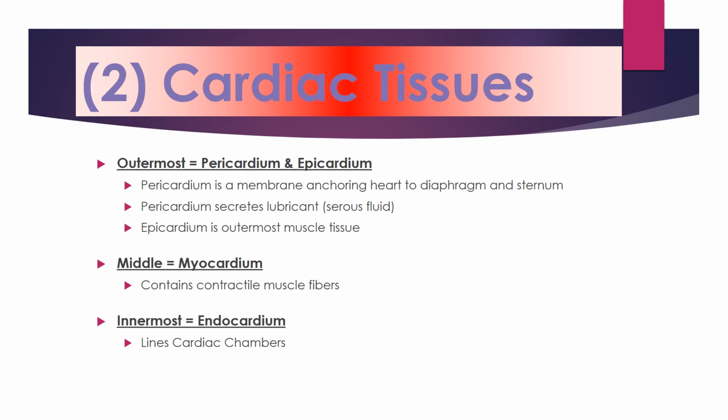Epicardium is an outermost muscle tissue. The middle layer is called the myocardium. It contains the contractile muscle fibers, because of which the heart's pumping action is carried out. The innermost layer is called the endocardium, which lines the cardiac chambers.